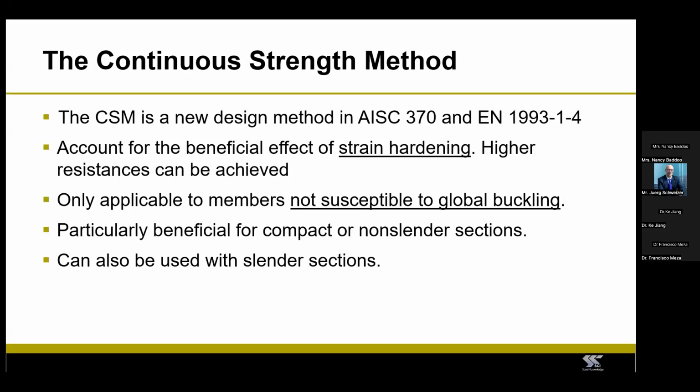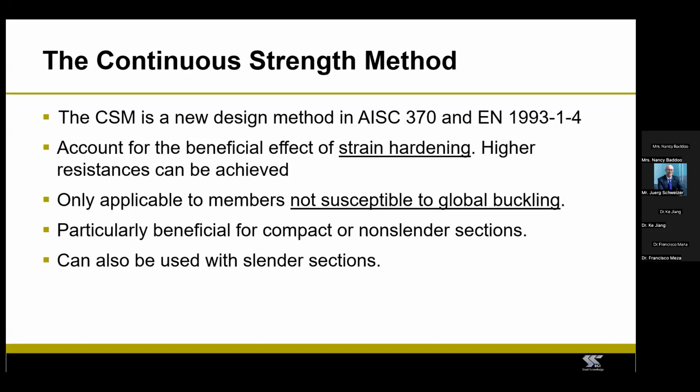The continuous strength method is particularly beneficial when designing non-slender or compact cross-sections, because in this case, the resistance predicted by the CSM will be larger than the yield load, which is obtained by multiplying the gross cross-sectional area of the column by the yield strength.